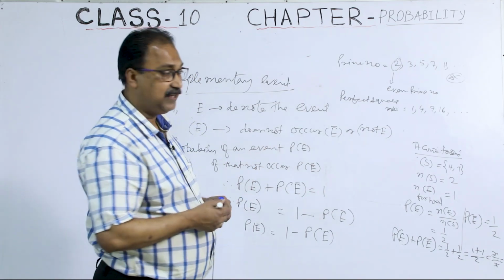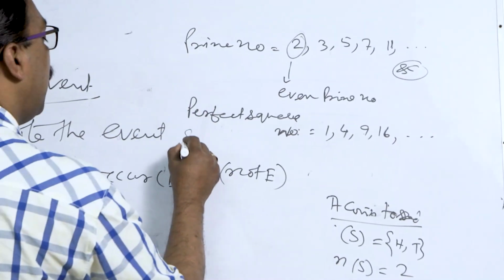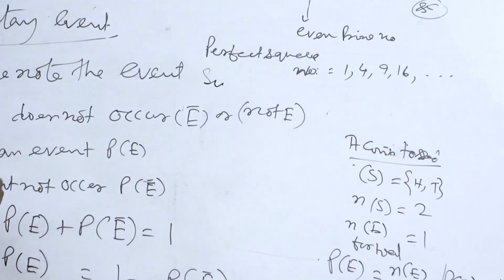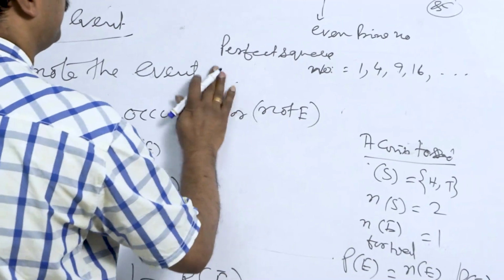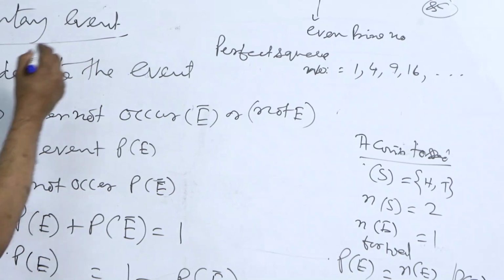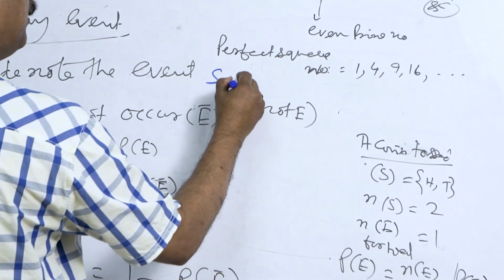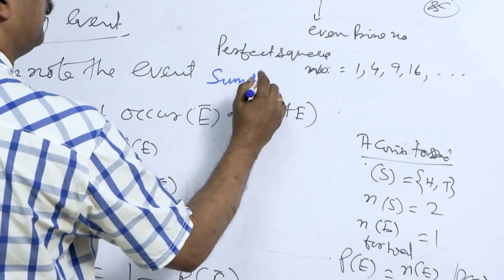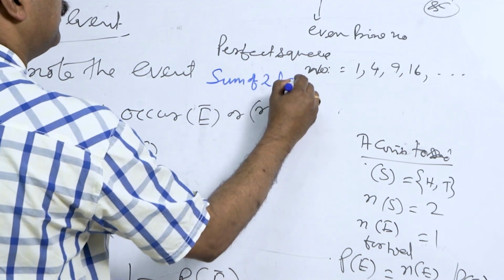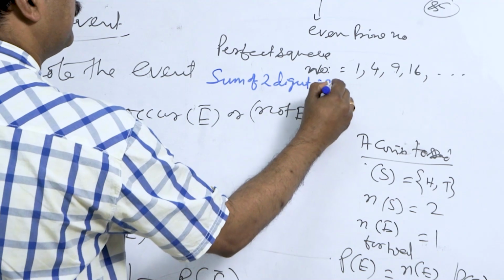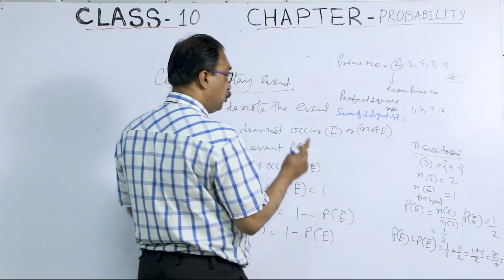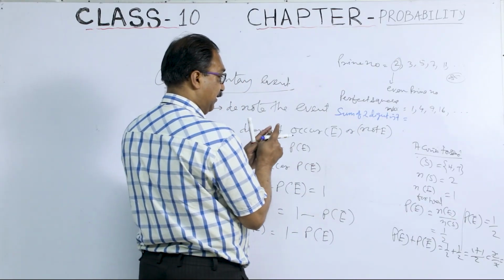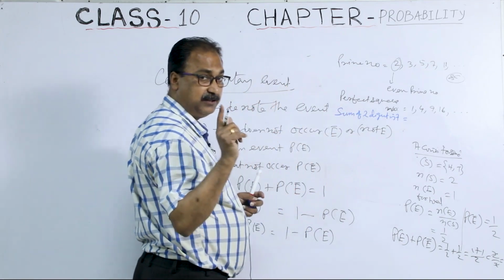Sum of 2 digits is 7, suppose. How to get the numbers? The addition of the 2 digits should be 7. Digits are 0 to 9.